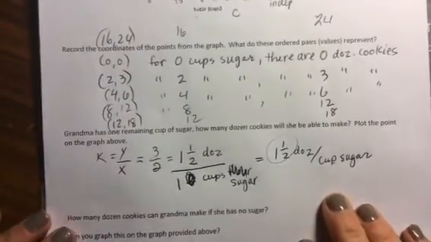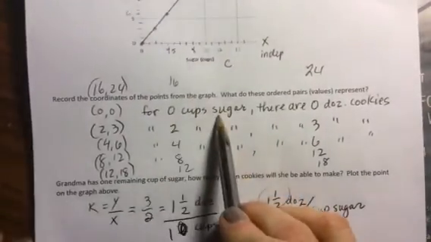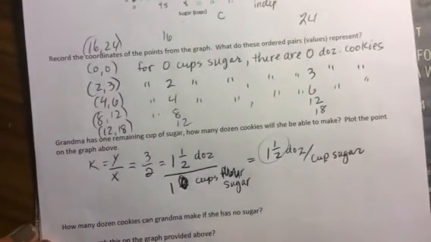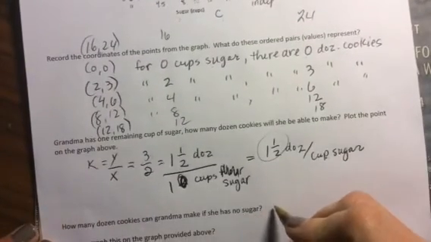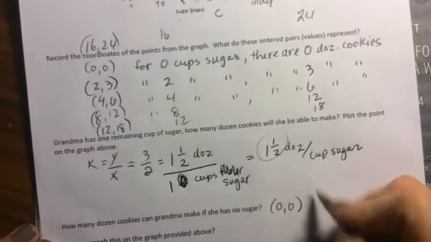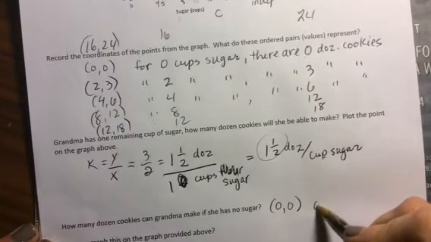All righty, so then it says, how many dozen cookies can Grandma make if she has no sugar? Well, we've already talked about that. If she has no cups of sugar, there are no dozen cookies. It'll be at 0, 0. So that means for every 0 cups of sugar, there are 0 dozen cookies.